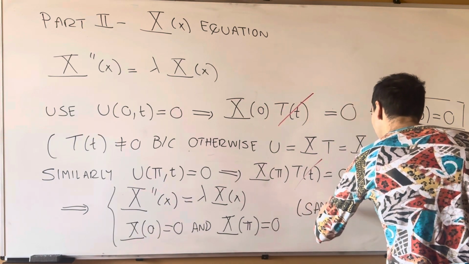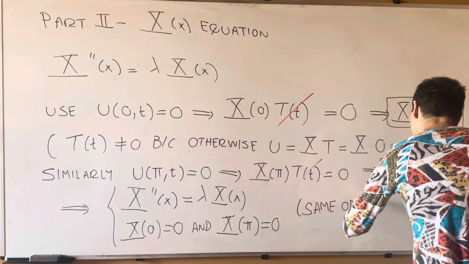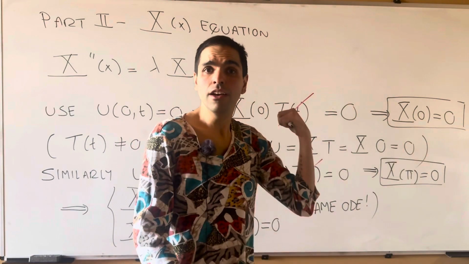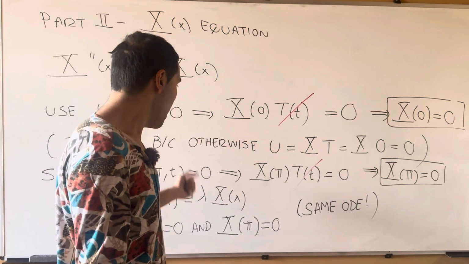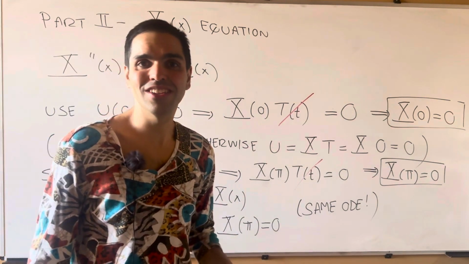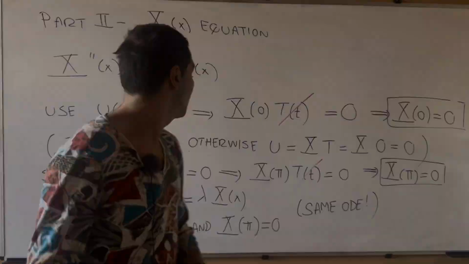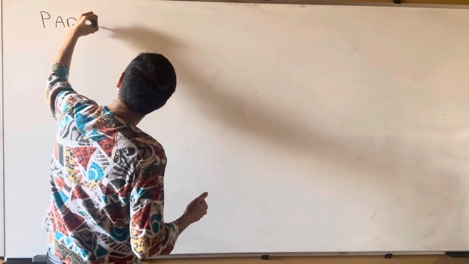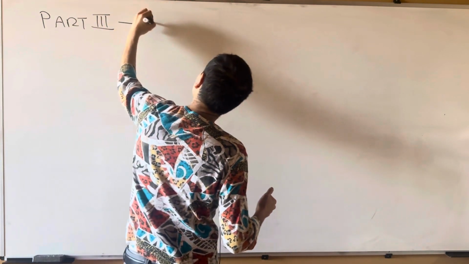It's the same ODE. So what you would do in that case would be do the 3 cases and find interesting values of lambda for which this has non-zero solutions. So part 3 would be the 3 cases.